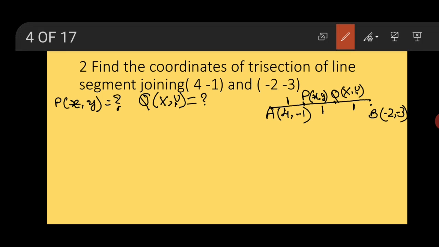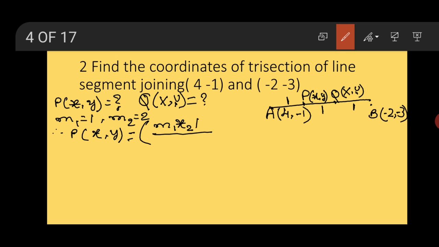Right. Now m1 is what here? M1 is AP, it is 1, and m2 is PB, which is 1 plus 1, equal to 2. Now write down: here m1 is equal to 1 and m2 is equal to 2.